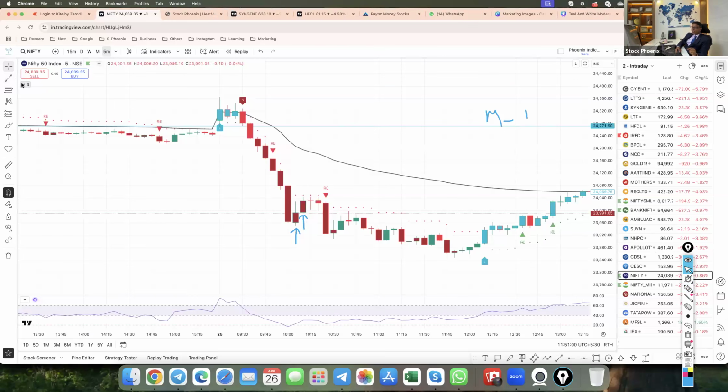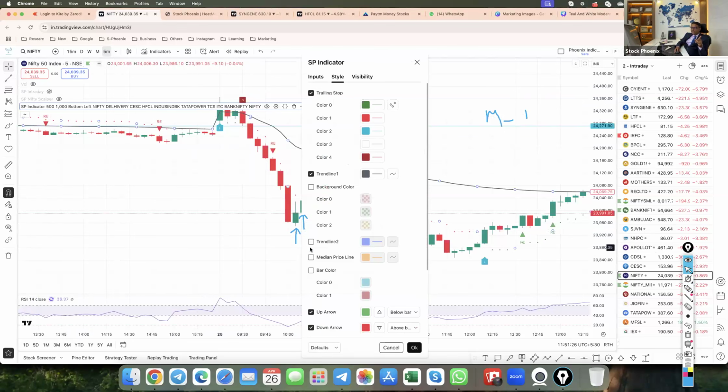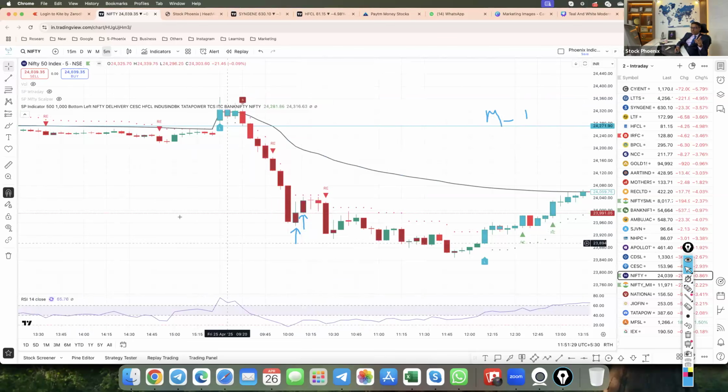But actually, the candle color is green. You got the difference? When you see a green candle, you try to book profits and come out of the counter. But actually, that is a green color, but selling pressure is still more in that candle. That is why the system converts it into a red candle.